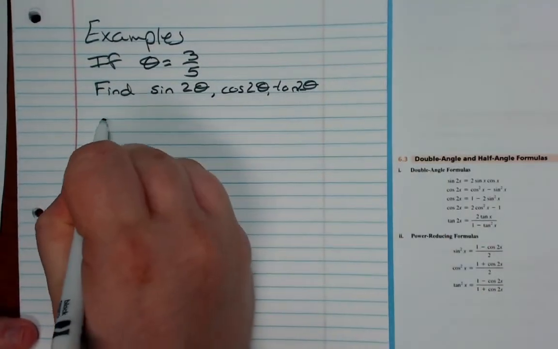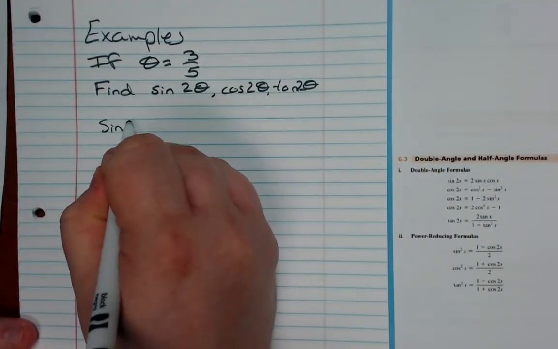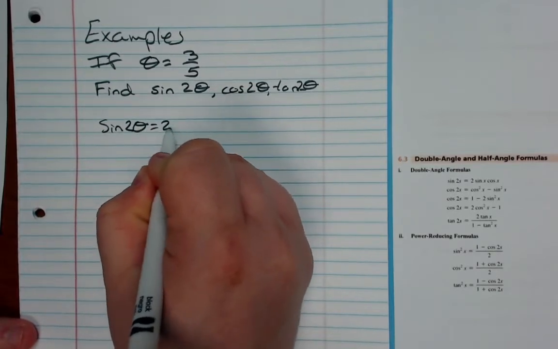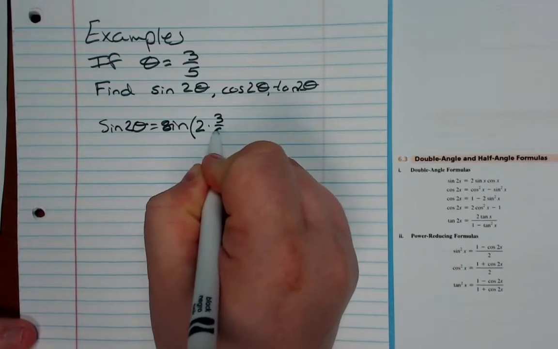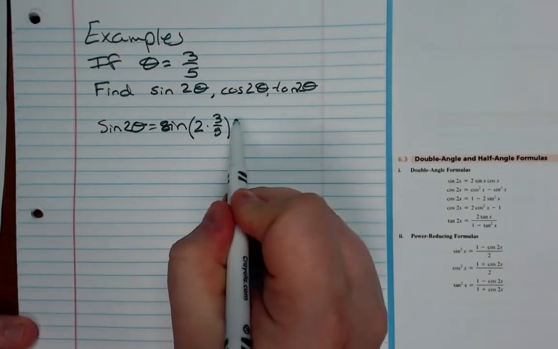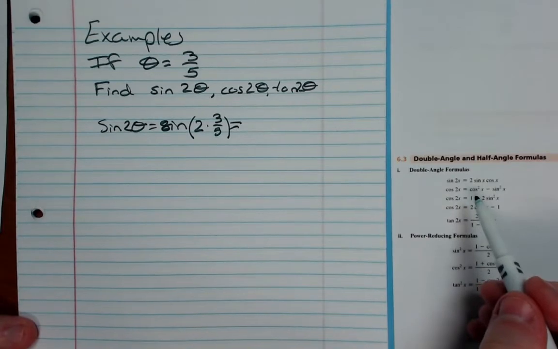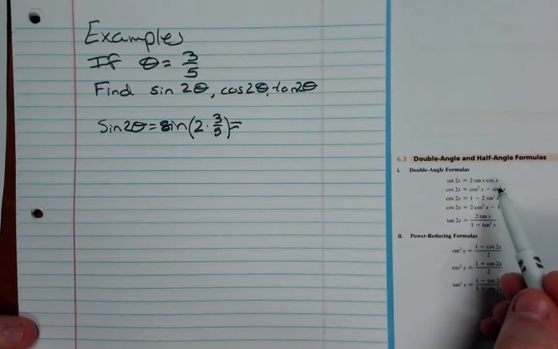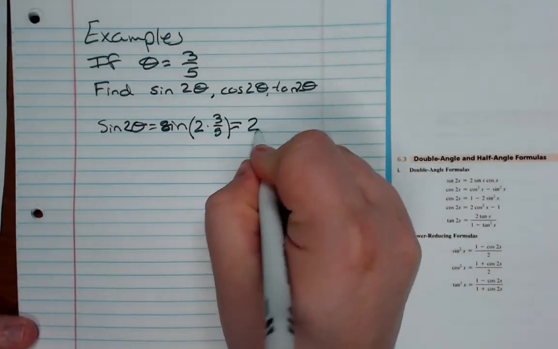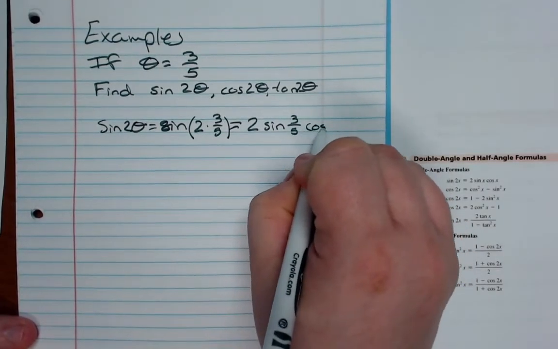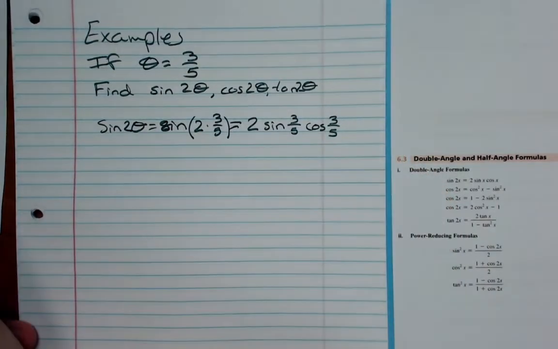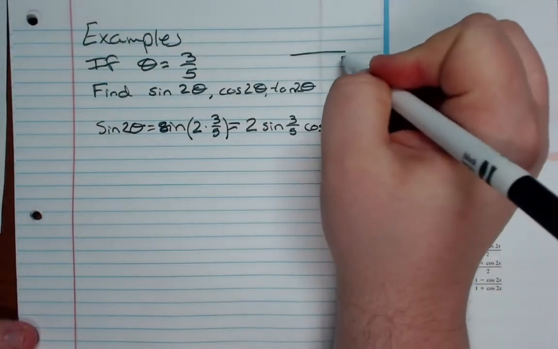So we know that sine of 2 theta, which is sine of 2 times 3 over 5, is, looking at our formula sheet, 2 sine x cosine x, so that's 2 sine 3/5 cosine 3/5.